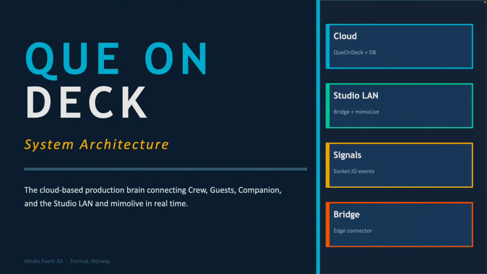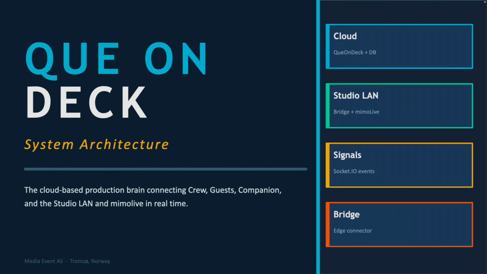So this is the AI that created my decks for me. It basically consists of a few building blocks. We have Queue on Deck, which is the cloud service that we are using to control everything. I will show you that in a moment.